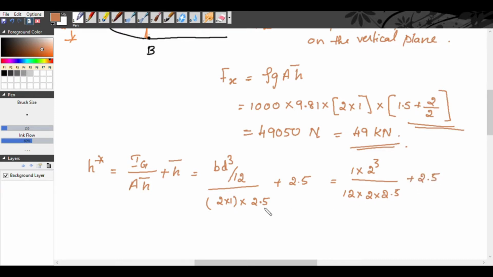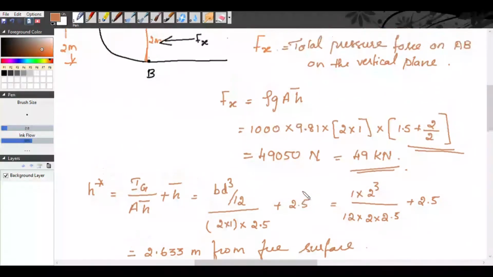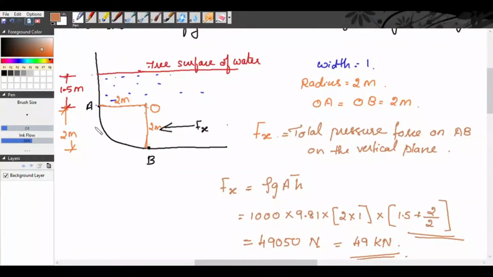We get our h star is equal to 2.633 meter from the free surface. This is our h star, 2.633 meter.